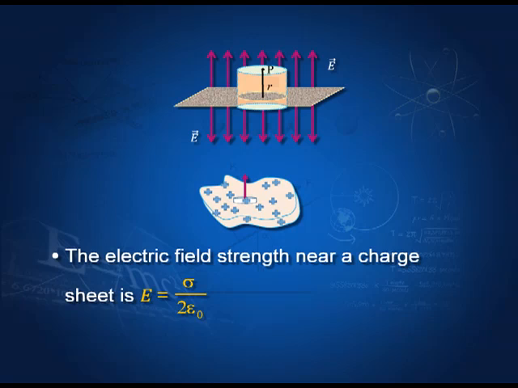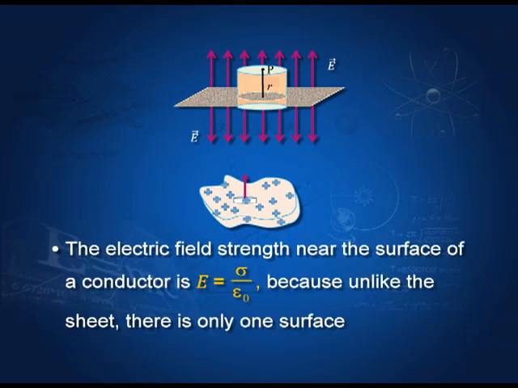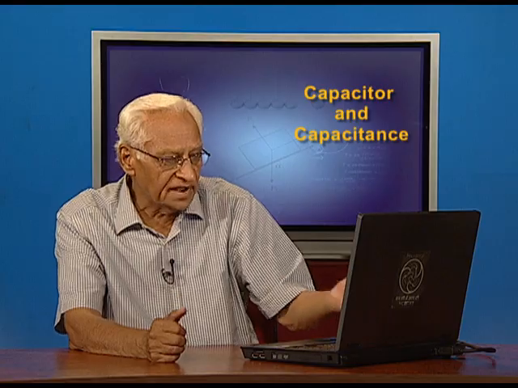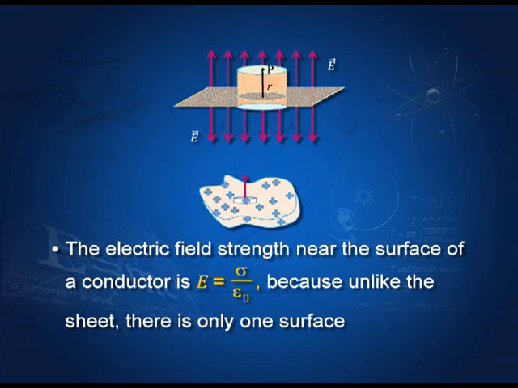The electric field strength near the surface of a conductor is sigma by epsilon 0, because unlike the sheet, which has two surfaces, here there is only one surface. All this we have already done.